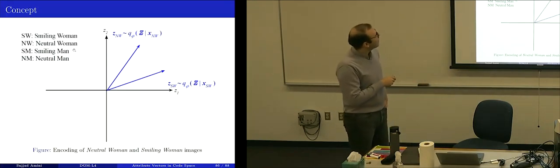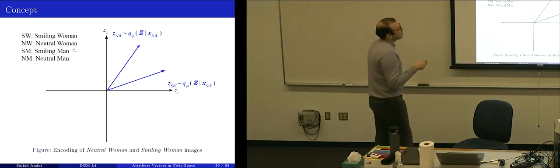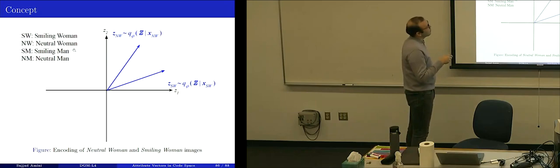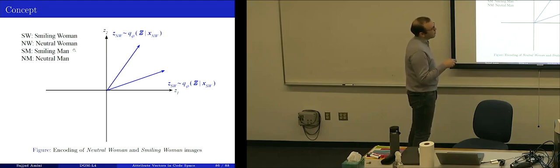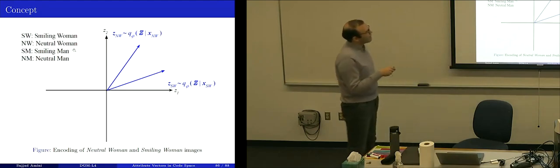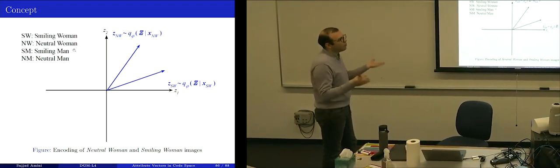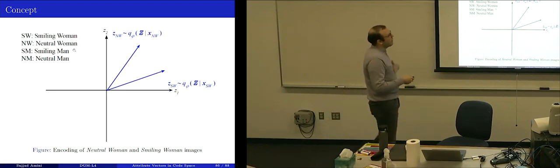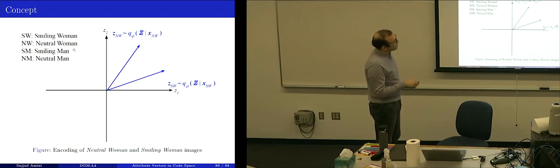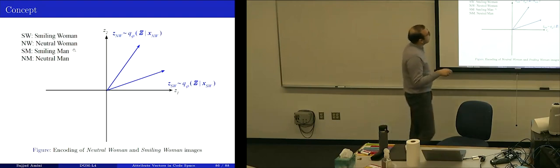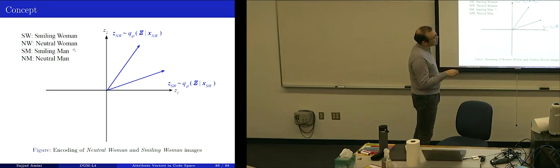Assume I have 4 images: an image of a smiling woman, an image of a neutral woman, an image of a smiling man, and an image of a neutral man. We know how to train a VAE over these images. If I pass each of these samples through a VAE, assume that Z of SW is the latent of that smiling woman.